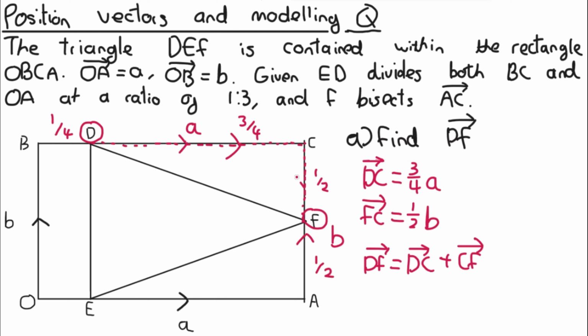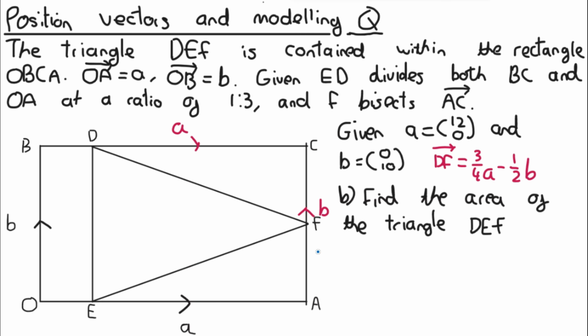Now, we are going in the opposite direction to the arrow where we found the vector FC, so that means this is going to be equal to DC minus FC, and now we just plug in the values. DC is equal to 3 over 4 A, as we figured out up here, and FC is equal to half B, so it's going to be minus half of B, and that is what DF is.